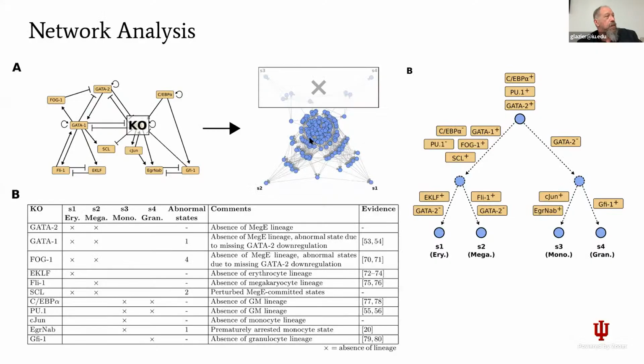So if you go back, why don't you show your diagram again, the big circuit diagram. You could start out with just, say, the bottom two, the cross-coupled negative feedback loop. You have ERG-NAB inhibits GIF1, and GIF1 inhibits ERG-NAB. And you could just look at that two-component circuit and show what happens.